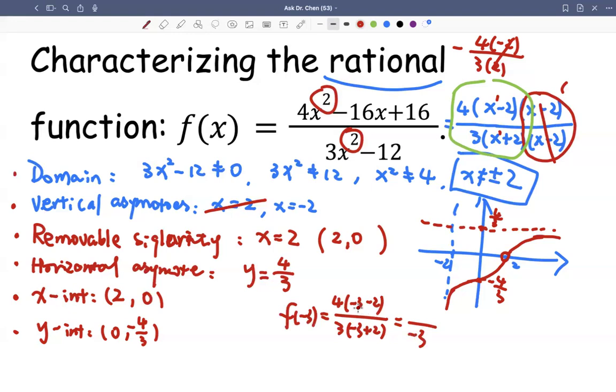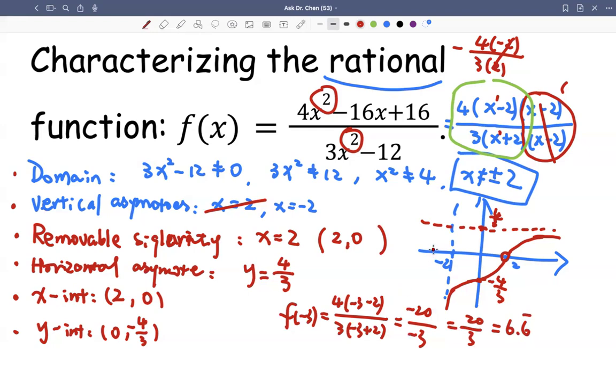The numerator will get -5 times 4, -20. So we get a positive 20/3 value. So at -3, 20/3 is about 6.66, goes on forever, right? So almost close to 7.